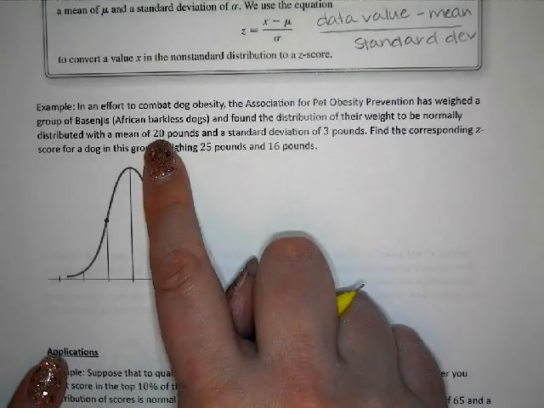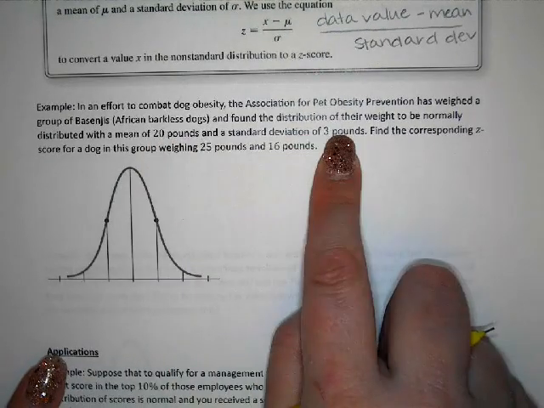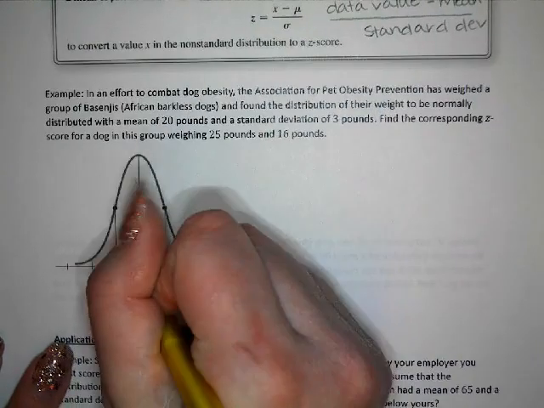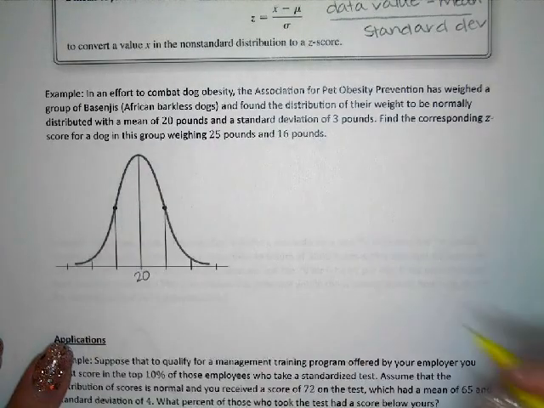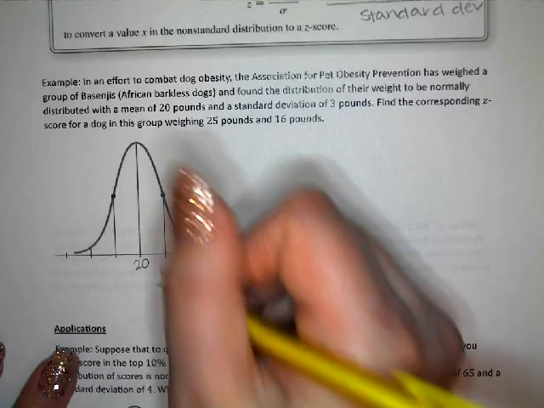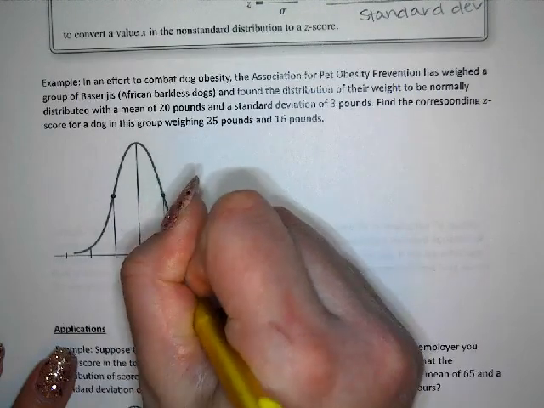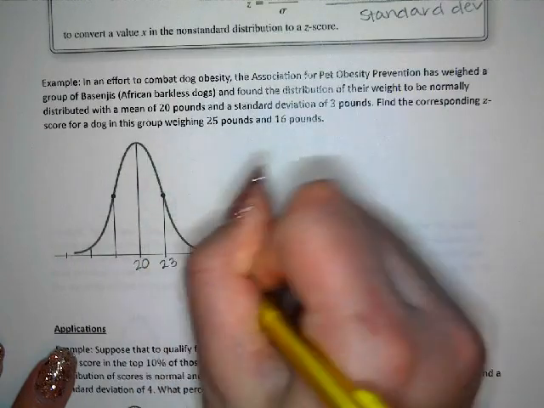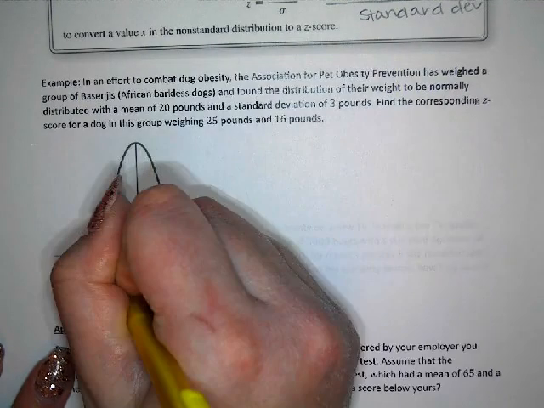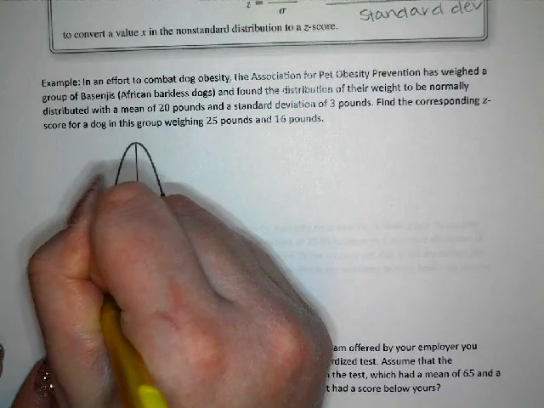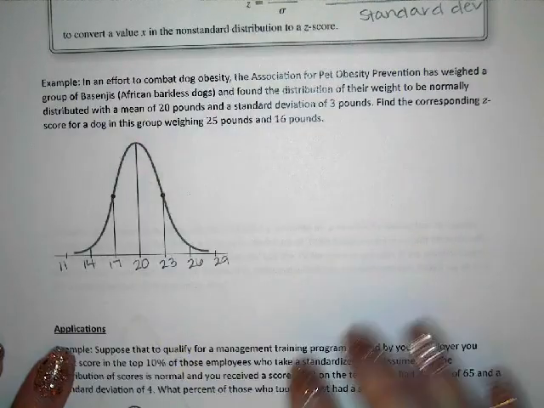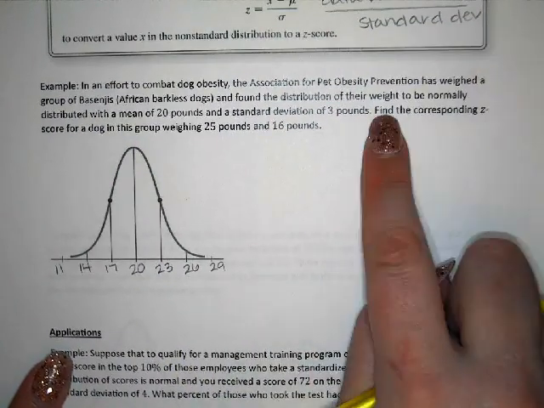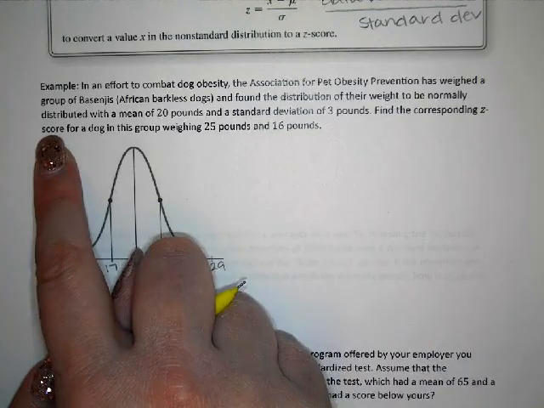So I'm going to go ahead and fill in this distribution, not because I need it for the problem, but just because I like to use it to see what I am working with, to see what my data should look like. It says, find the corresponding Z-score for a dog in this group weighing 25 pounds and weighing 16 pounds.